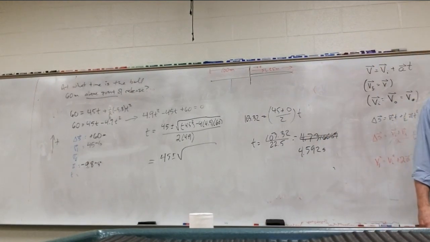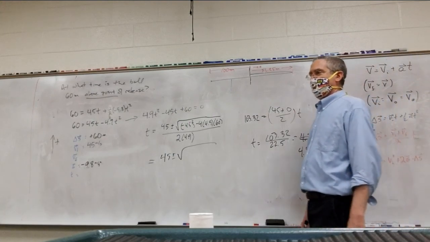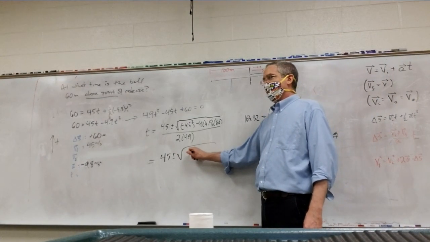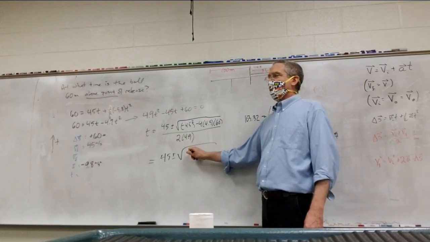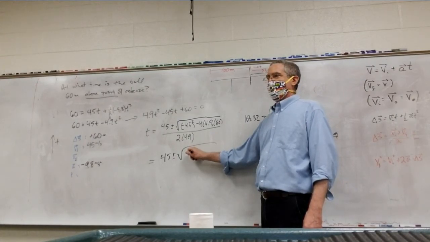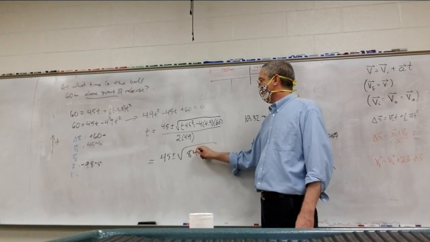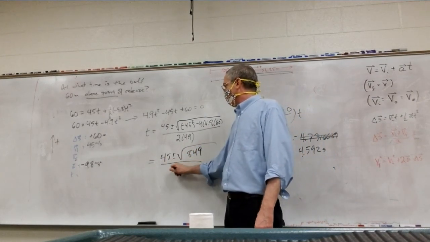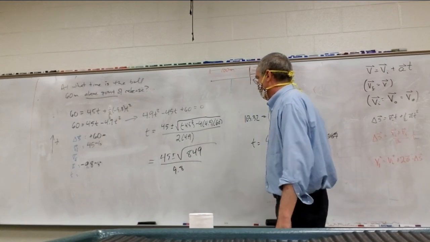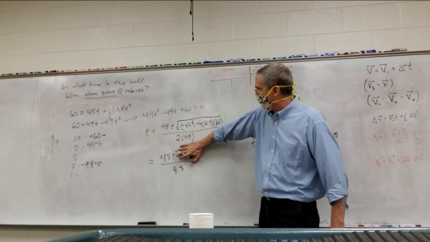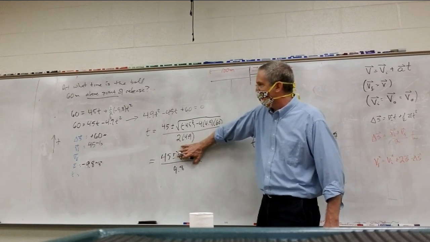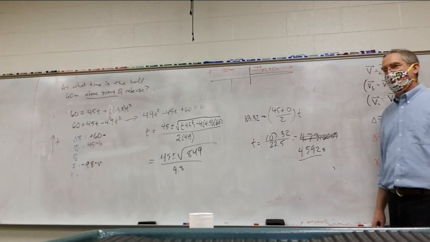Let's go with 834.7. 849, divided by 9.8. If we do 45 divided by 9.8, just ignore the square root part, that should give us 4.592.